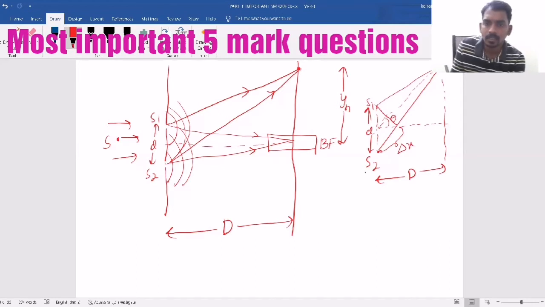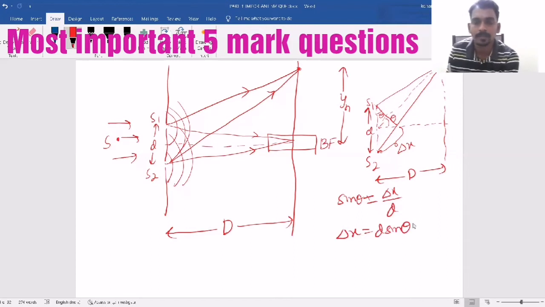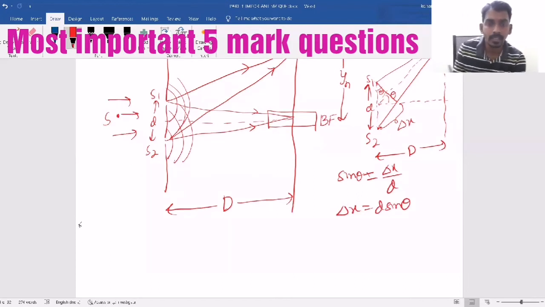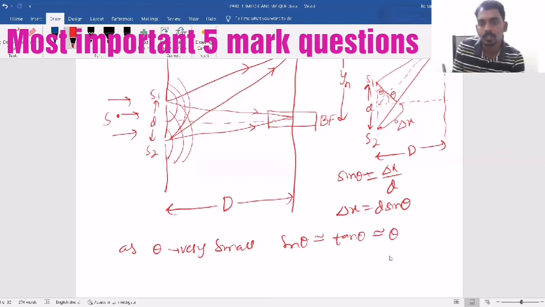So from S1 one light is traveling, from S2 another light is traveling, and there is a path difference. If you consider the right angle triangle, then this angle will be theta. Then sin theta equals the opposite side delta x by d, so the path difference delta x equals d sin theta. But as theta is very small, sin theta is approximately equal to tan theta, approximately equal to theta.